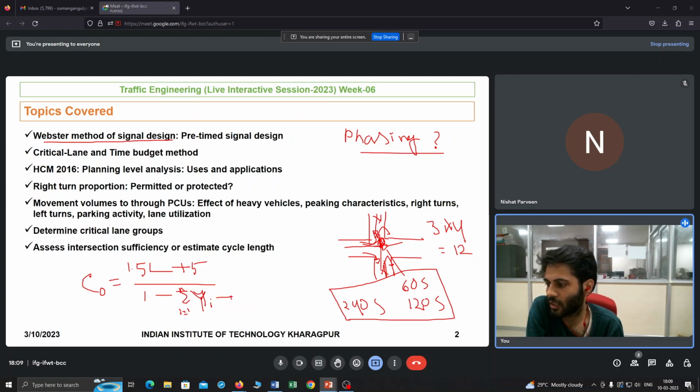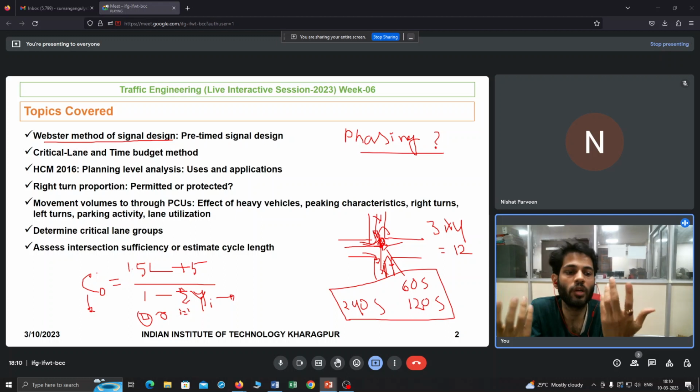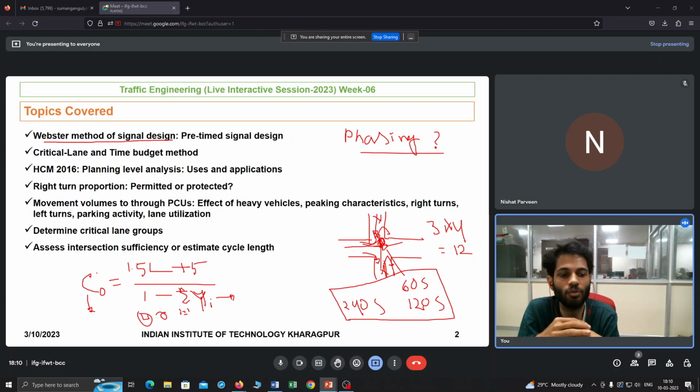If your phase number increases, there is a chance that this number is also increased. As this number increases, this term is lower. As it is lower, your optimal signal cycle length will be higher. So obviously if you increase your number of phasing, there is more segregation and you need more time for those phases to allocate, right? So obviously this will happen.